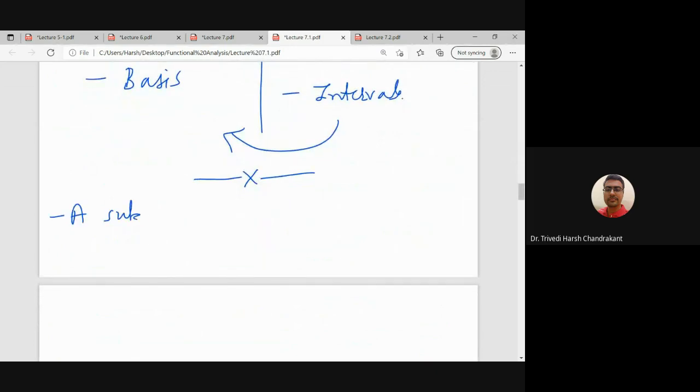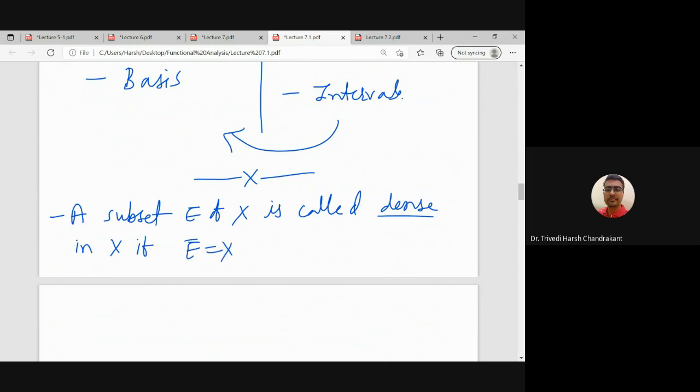So a subset E of X is called dense in X if the closure is X, right?